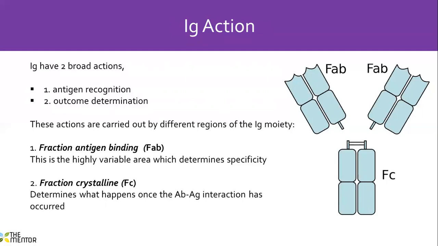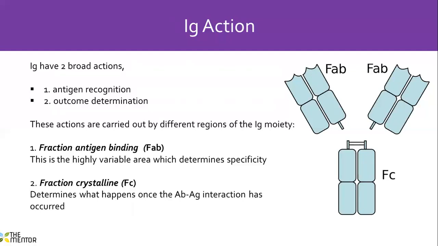To do this, antibodies normally have two different sections. We call them moieties, but put simply, two regions. We have a region of antigen binding sites, called the Fab, the fraction of antigen binding. It is very variable because we have so many different types of antigens.